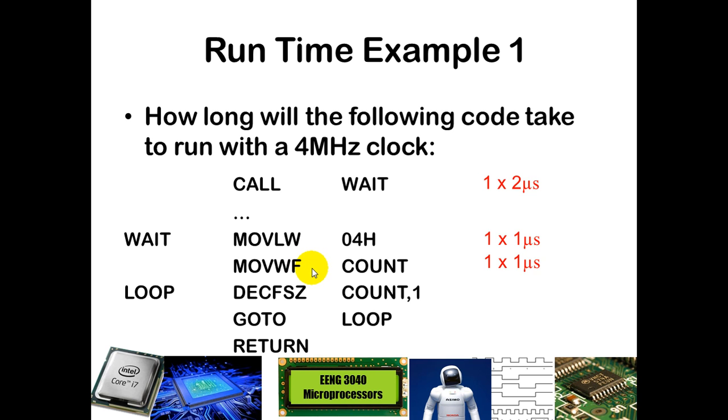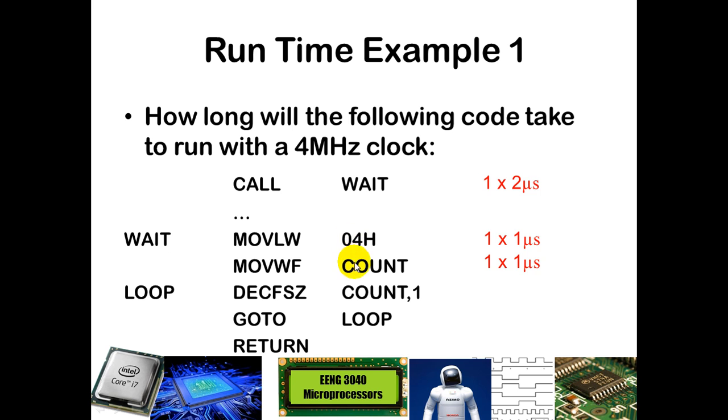Now the decrement F skipping if 0 is the trickiest line of code in this example. We need to think about how many times this code gets executed where we just decrement, and how many times it gets executed when we skip.